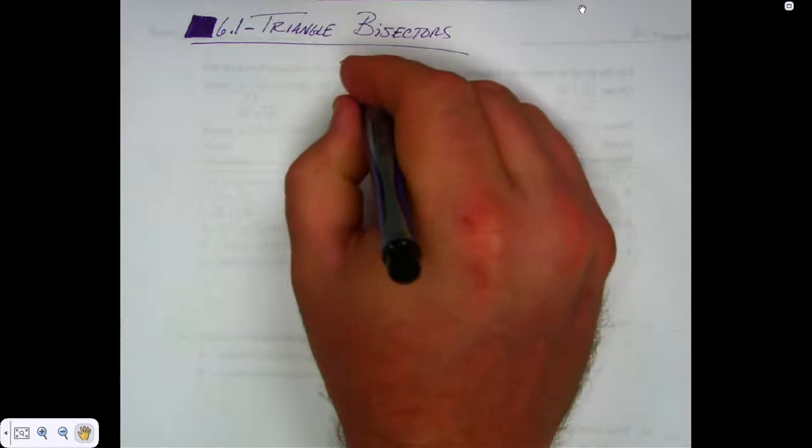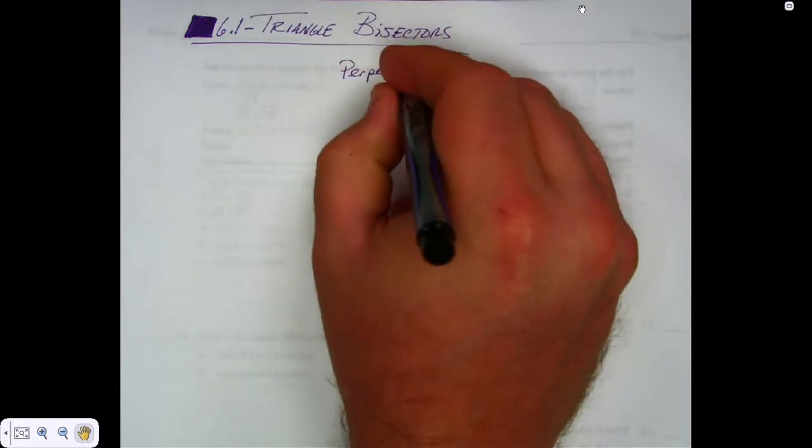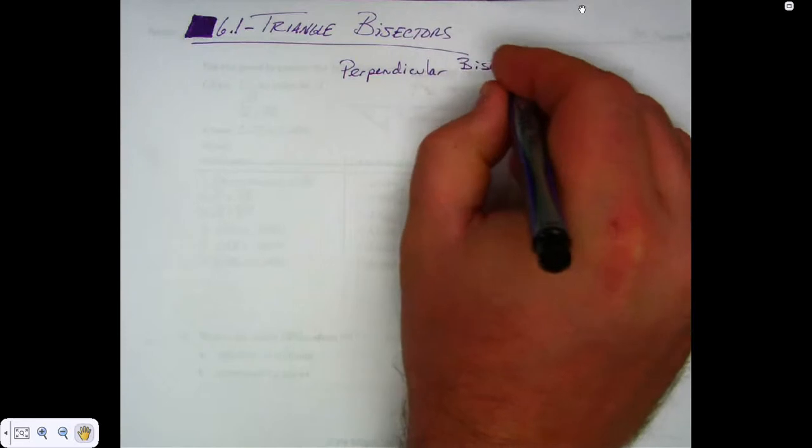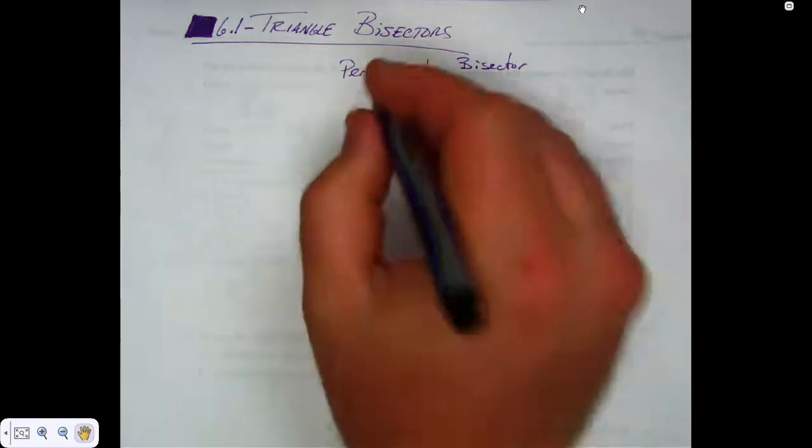Triangle bisectors. First thing, before we start talking about bisectors and things inside of a triangle, I want to talk about a perpendicular bisector, and some things that happen with a perpendicular bisector.